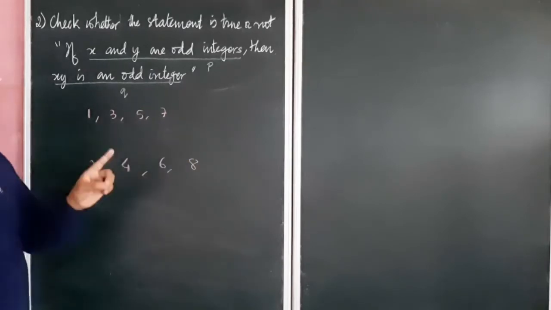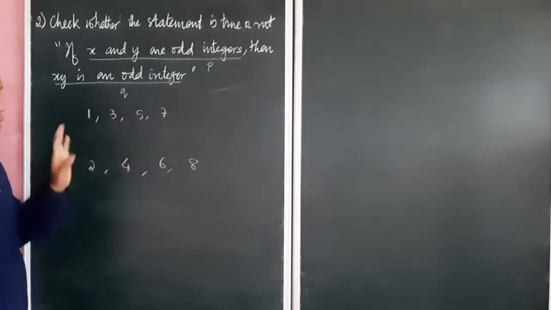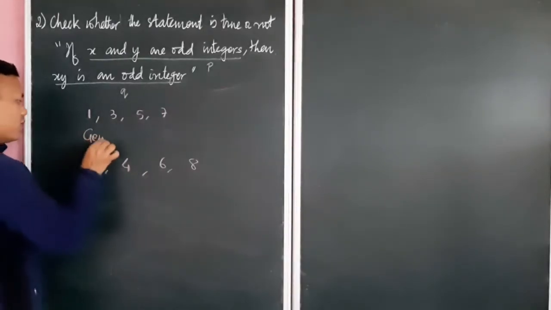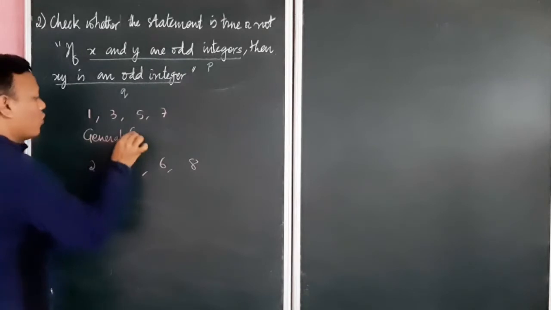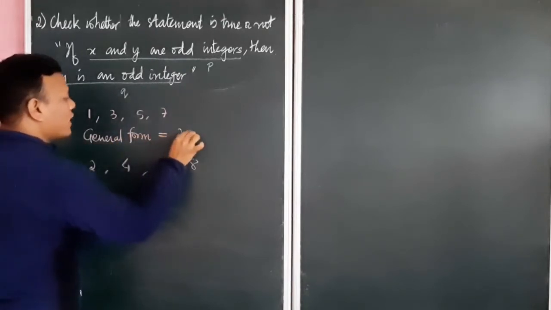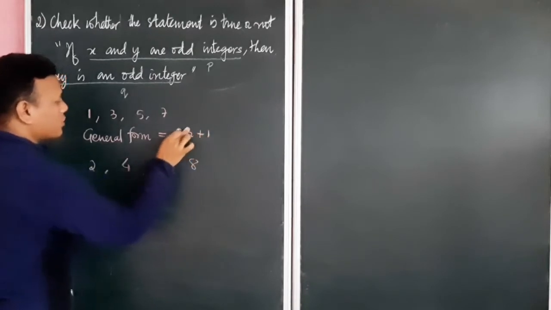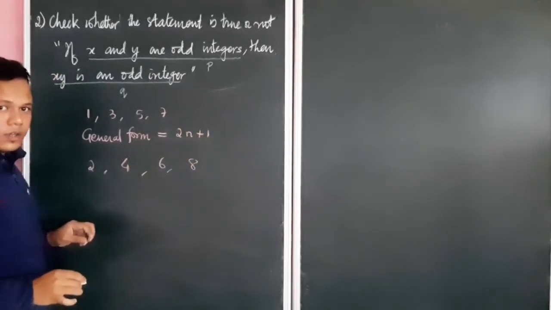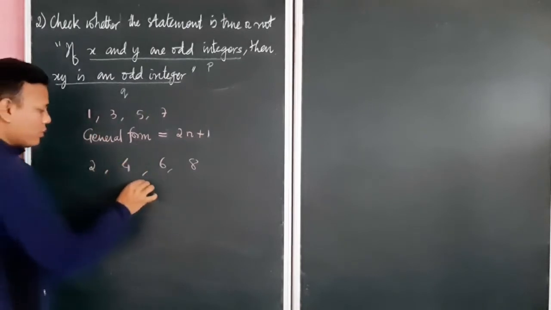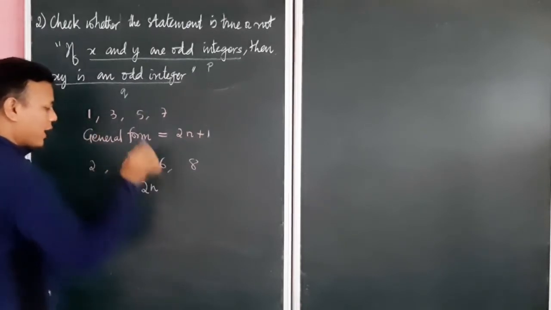Please remember the general form of odd integers will be equal to 2n plus 1. Please remember this. And the general form of even integers will always be 2 into n.